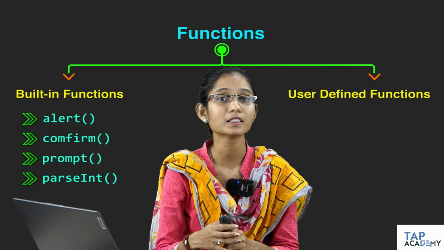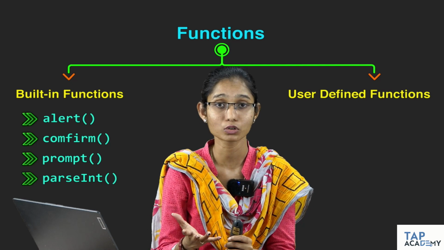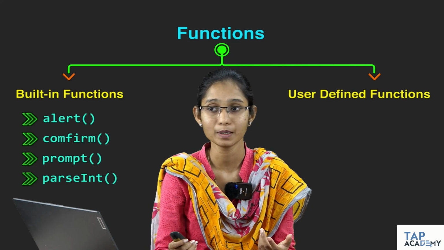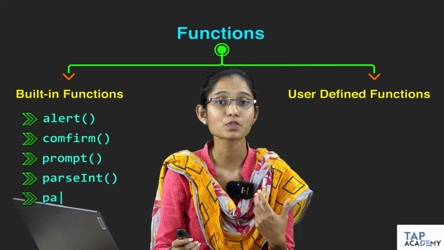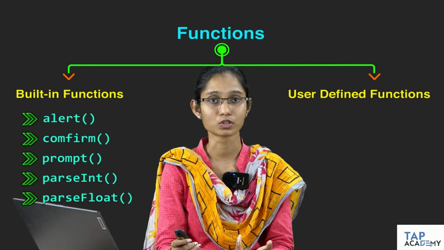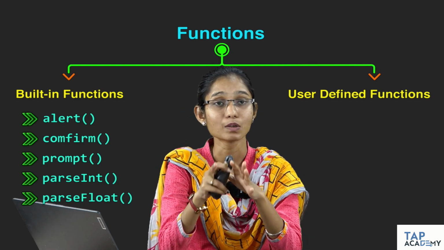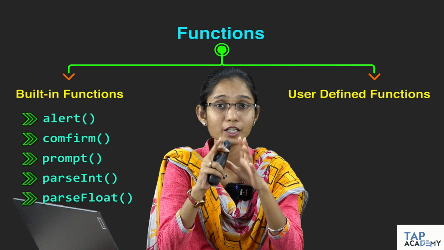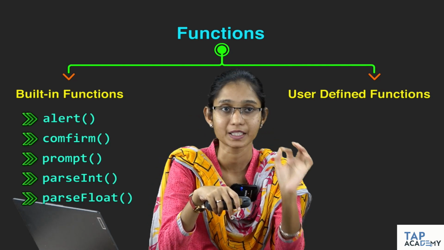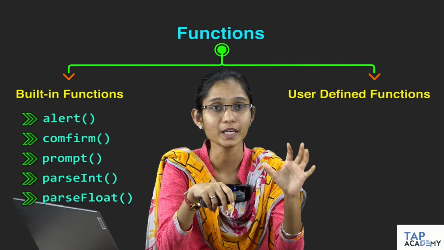Similarly, we have the parseFloat also. Whenever we are taking an input, sometimes we will be giving an integer, sometimes we will be giving a float also. But if you convert that directly to an int, we know that the point values, whatever is there, will be truncated directly.